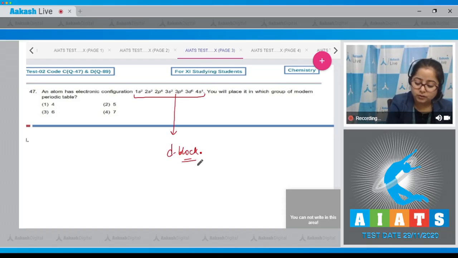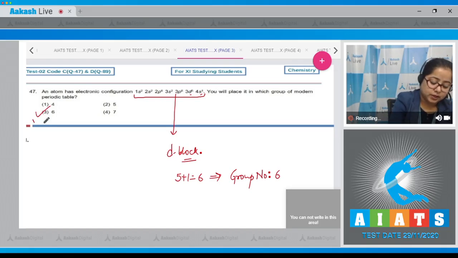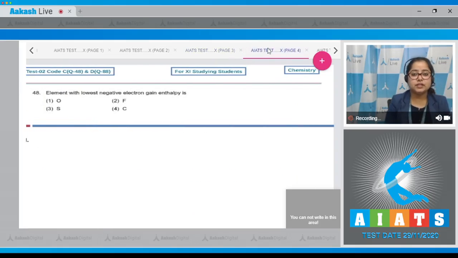And for the d block, the group number is identified by adding the number of electrons present in the valence s subshell and d subshell. So here it is 5 plus 1, which equals 6. That means the group number is 6. So the correct answer is option number 3. Moving to next question, students.